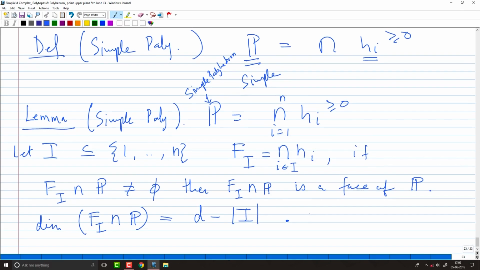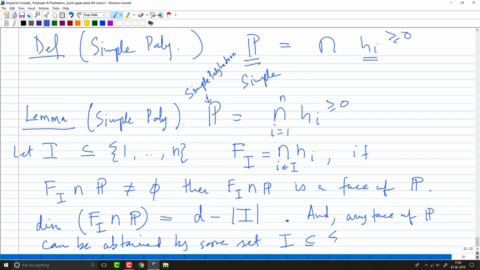And even more, any face of P can be obtained like this, by some index set I, a subset of 1 to n. I will try to explain this and then I will end.